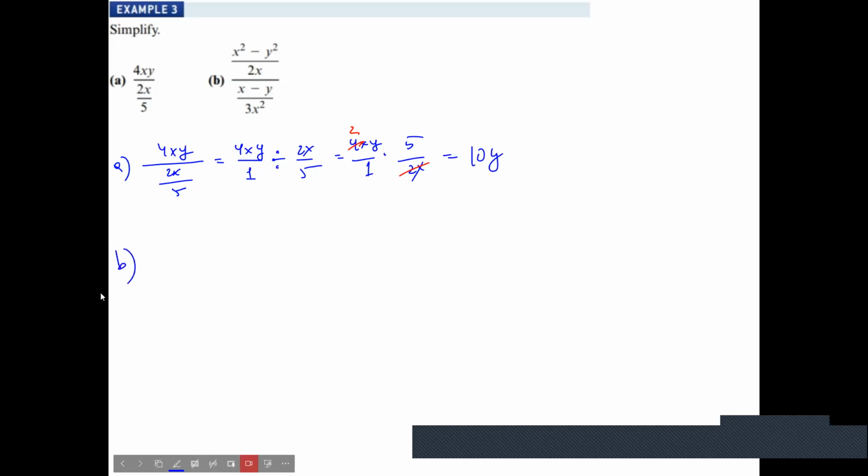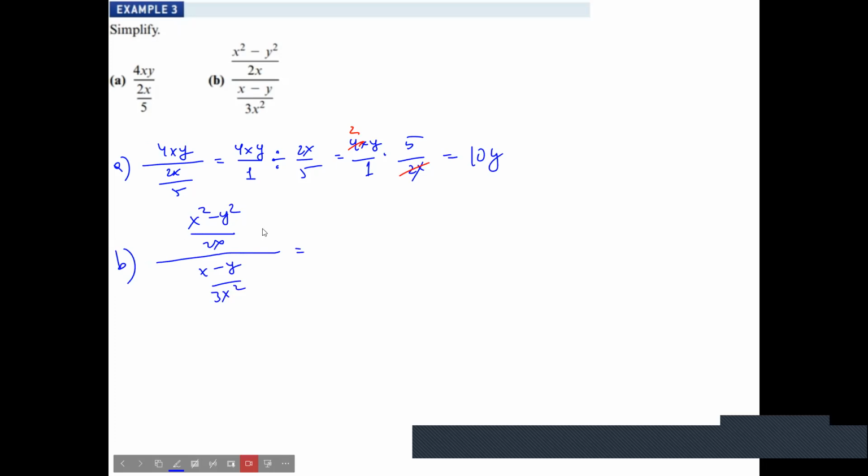Let's do B. So, yeah. I need it to be more horizontal than that. x squared minus y squared over 2x, x minus y over 3x squared.